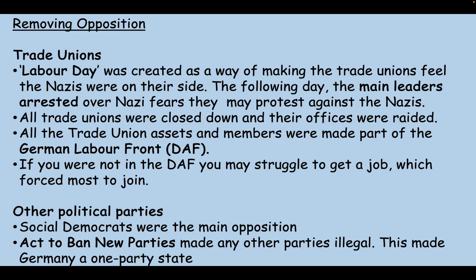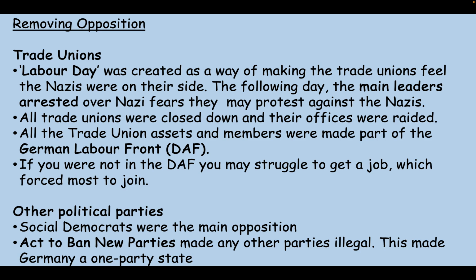In terms of other political parties, the Social Democrats are their main opposition to the Nazis still. So the communists are dealt with after the Reichstag fire, but the Social Democrats are still hanging about and being a nuisance to the Nazis. So they pass a law called the Act to Ban New Parties.